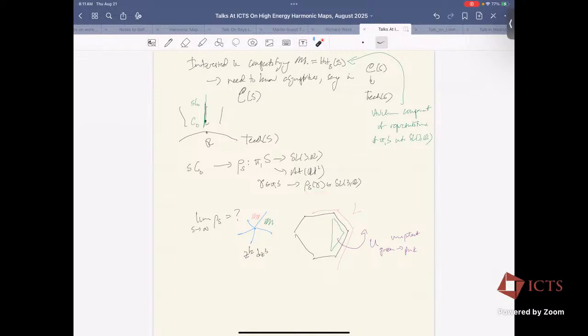This is a matrix that has 9 entries in SL3R, and somehow I'm hoping that I can say something intelligent about the asymptotics of this matrix. It's likely going to have entries that grow with S. But maybe after normalization, I take out the high term of S. It's going to grow actually like S to the third. I divide by S to the third, and I'll get some sort of limiting object, I hope. And maybe that goes back to this local picture, something about C0 is going to be evident in that.